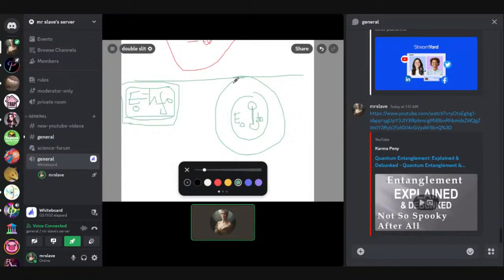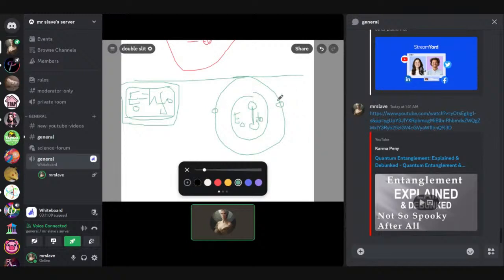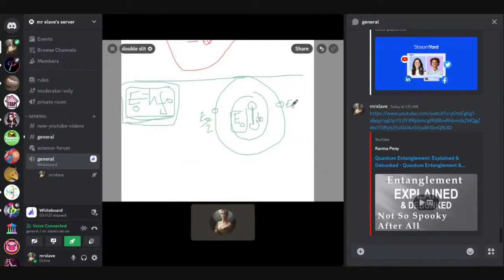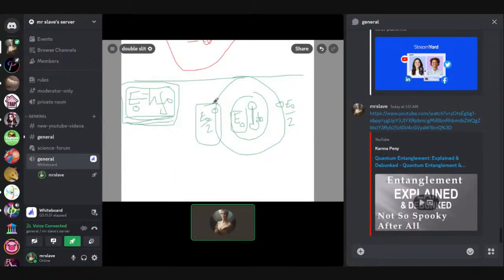That means when you finally interact with it, only one of them can interact. It's conservation of energy. You could say that this is E naught over 2, and this is E naught over 2. But because of Planck, this would be a violation of Planck, and you cannot violate Planck.